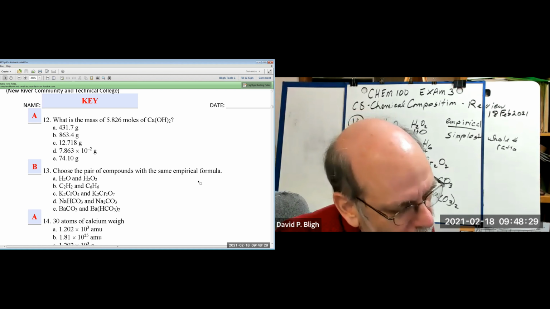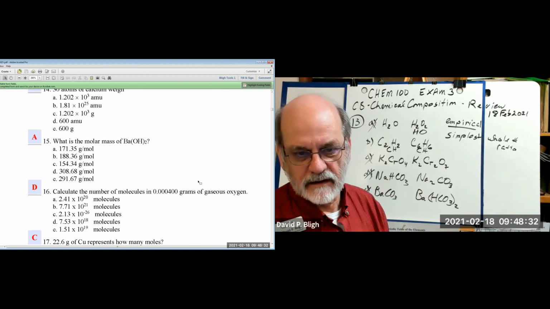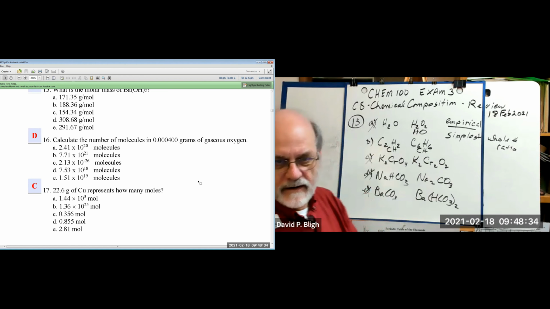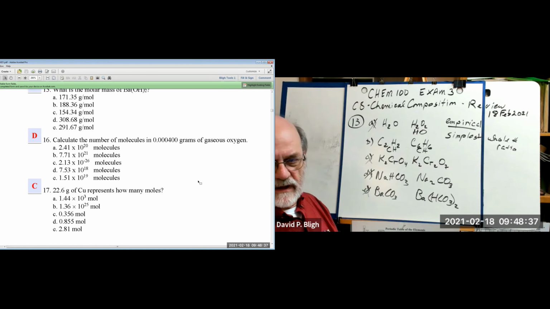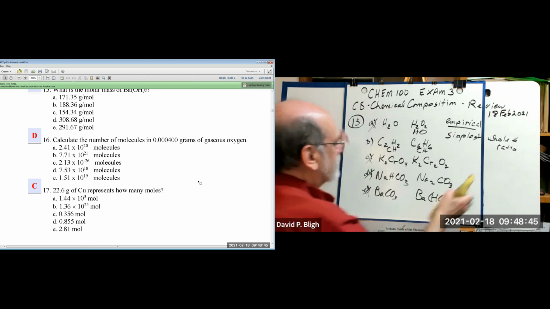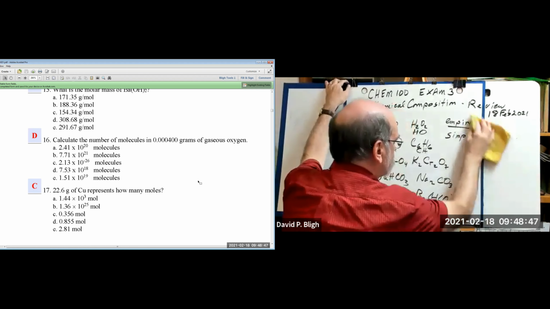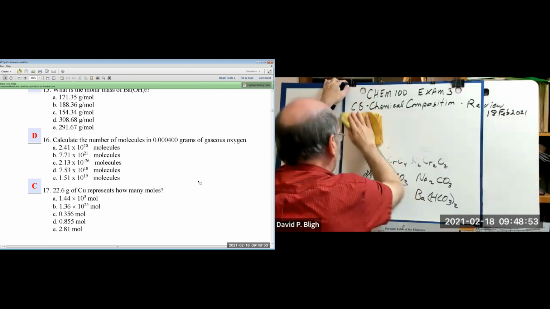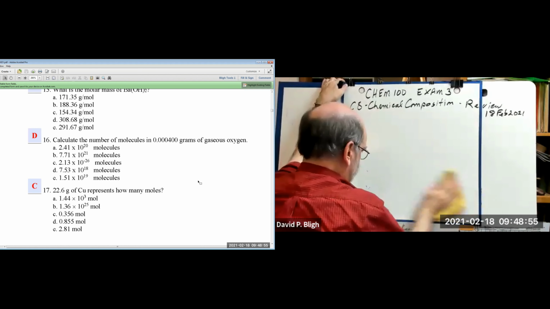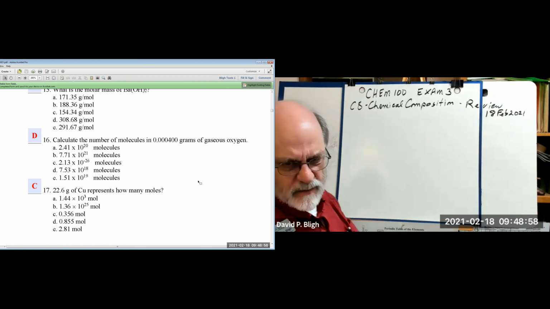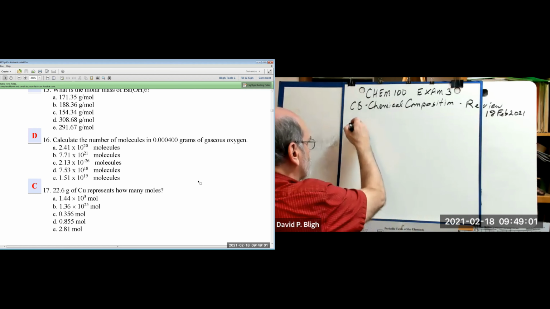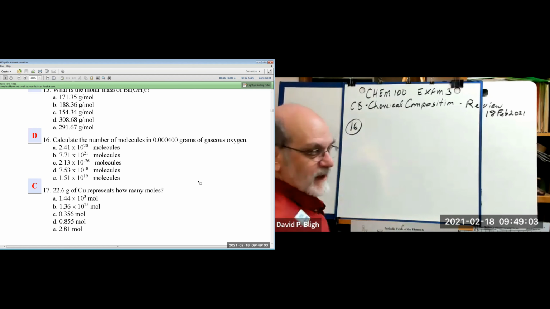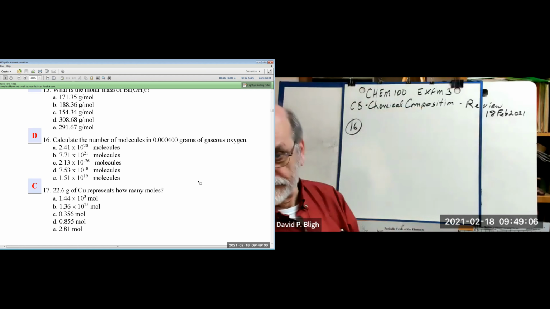How about, let's see, go down to 16. Calculate the number of molecules in 0.000400 grams of gaseous oxygen. And what was that? Was 16. All right, there's the trick.